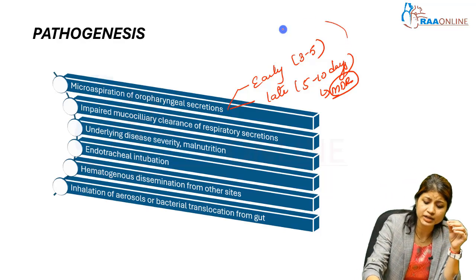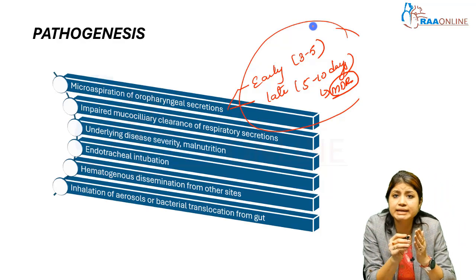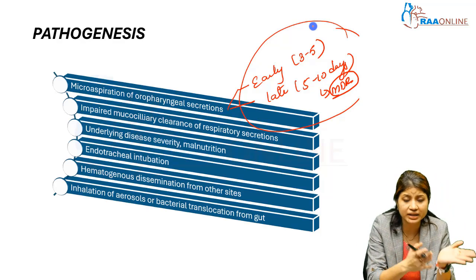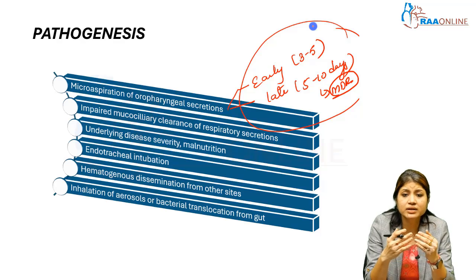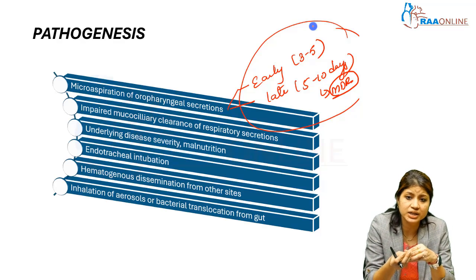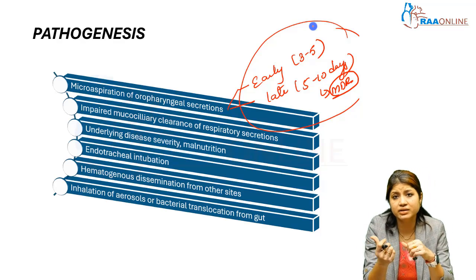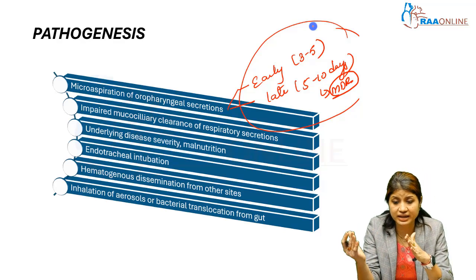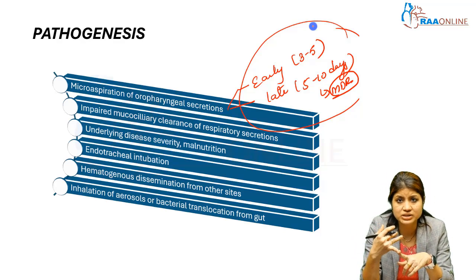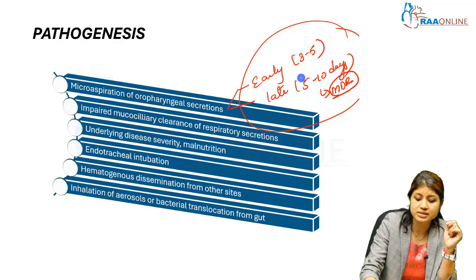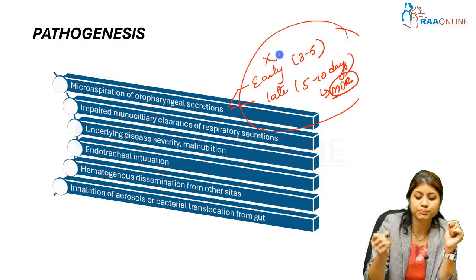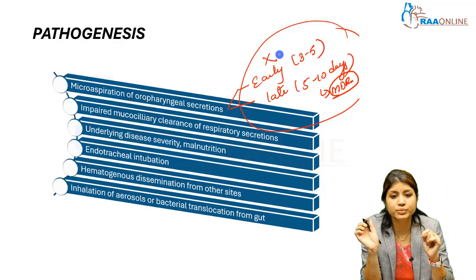But later it was realized that if you segregate it into early and late VAP, the attempt to target a multi-drug resistant organism gets delayed, which results in increased mortality and morbidity. Hence, the early VAP, late VAP concept went away.